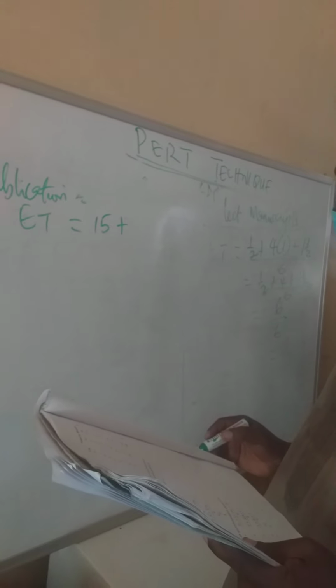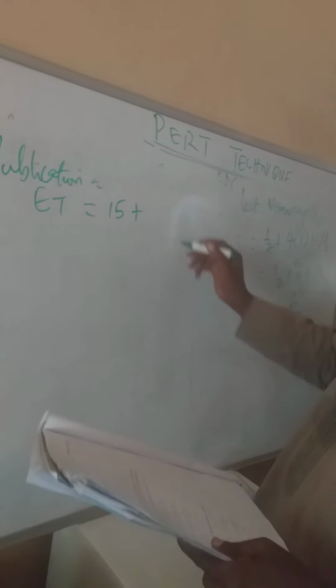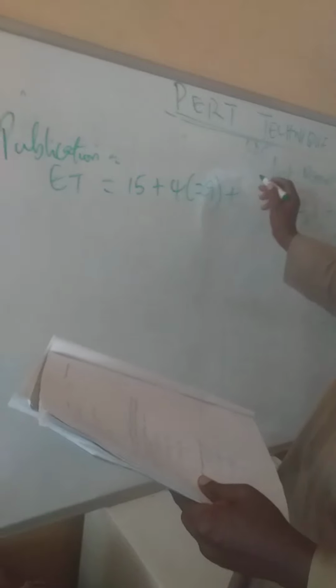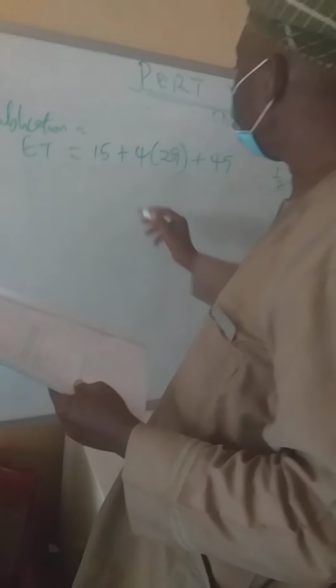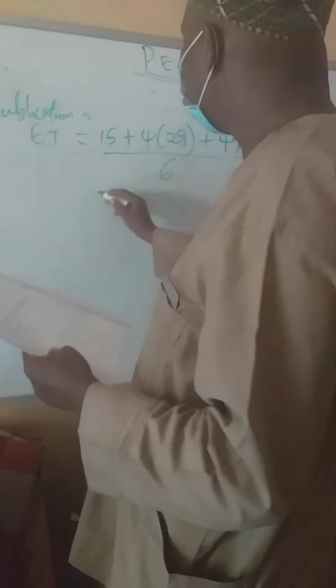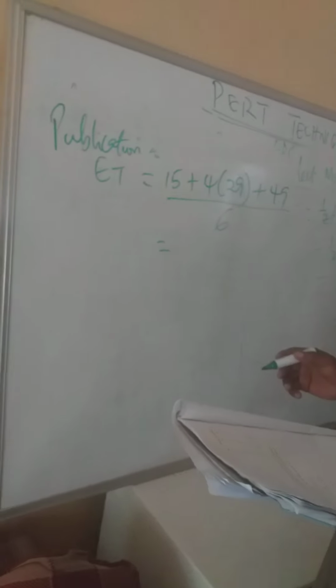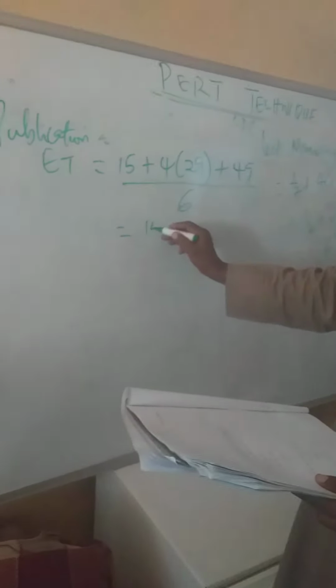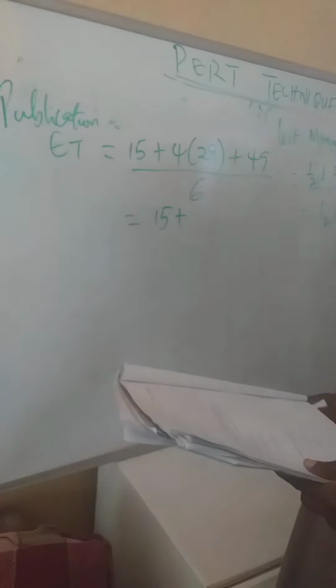The total time for LT is 29. 4 times 29 plus the total time for PT is 49. You put 49. Then you divide by 6. I don't know whether there is a calculator there.